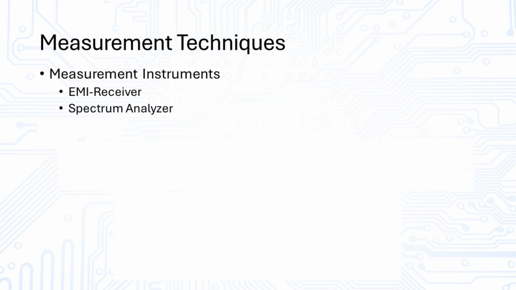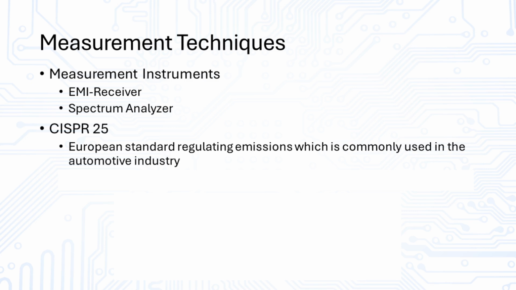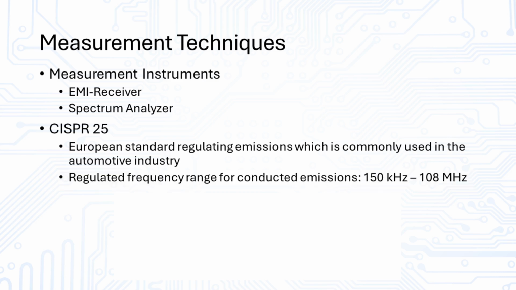If you are not familiar with these measurement instruments, please visit our dedicated videos. We will explain the necessary settings based on the current CISPR 25 standard, which is a European standard commonly used in the automotive industry. This standard regulates frequencies from 150 kHz until 108 MHz when measuring conducted emissions.